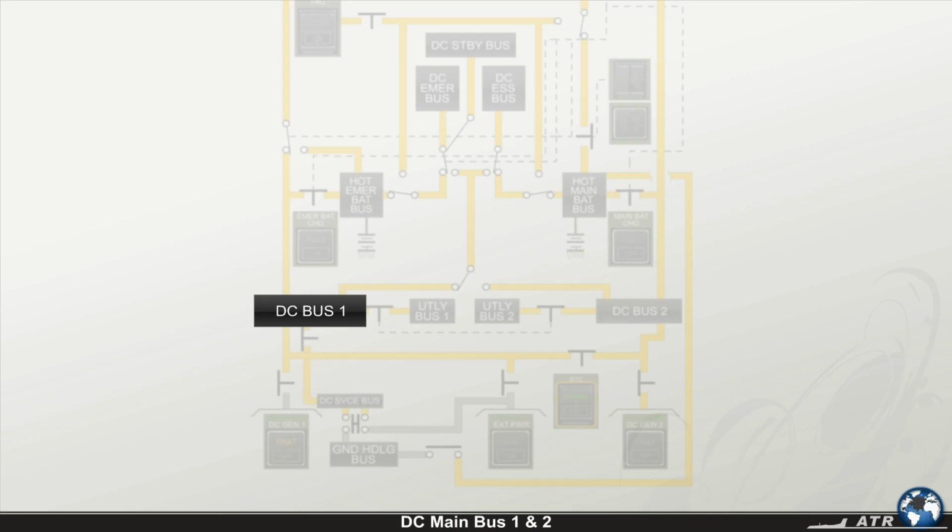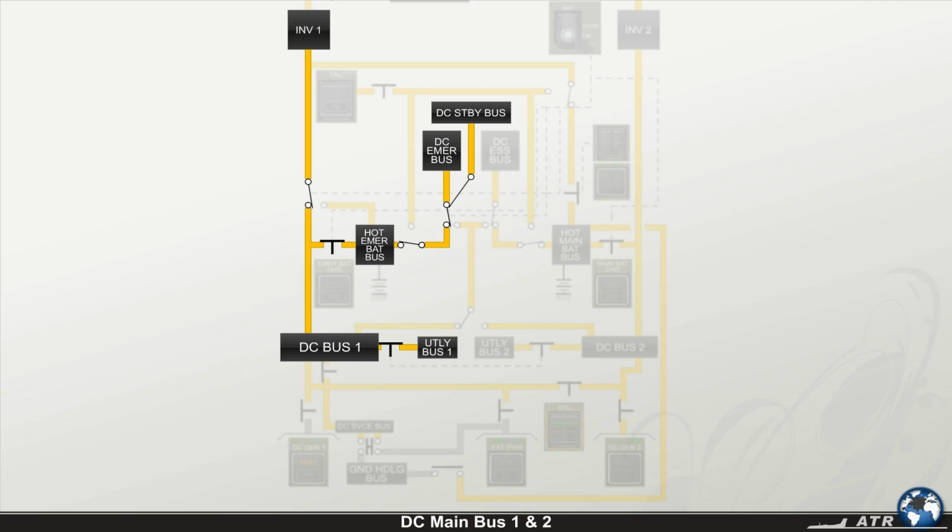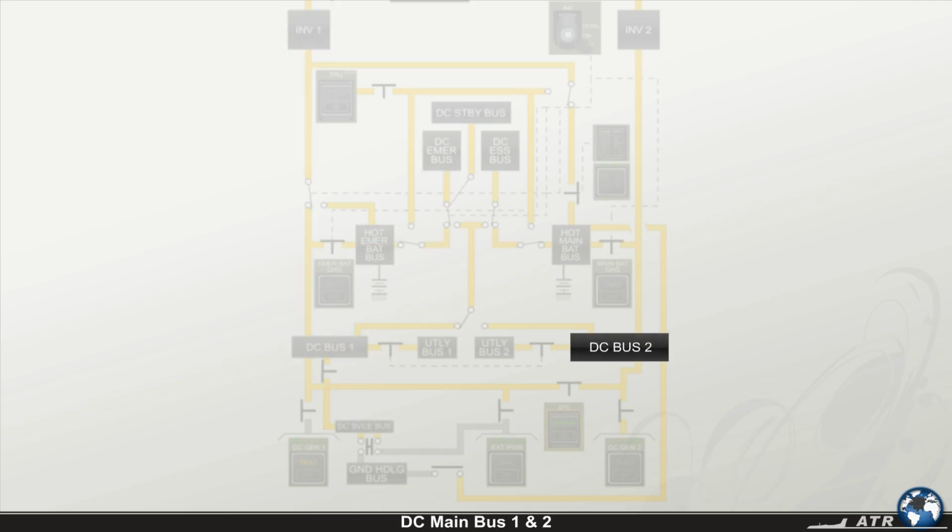DC Bus 1 supplies hot emergency battery bus, DC emergency bus, DC standby bus, utility bus 1, inverter 1, DC service bus. DC Bus 2 supplies hot main battery bus, DC essential bus, utility bus 2, inverter 2.